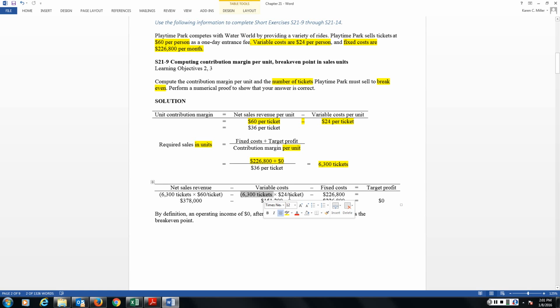It's $24 a person, but the more people who come through my park, the more my costs are going to be. So 63,000 people coming through the park at $24 a person means my variable cost will be $151,200. Our fixed costs are $226,800. So if I take sales less variable cost less fixed cost, my target profit is 0. This is our proof that what we have done is correct. We can break even here.